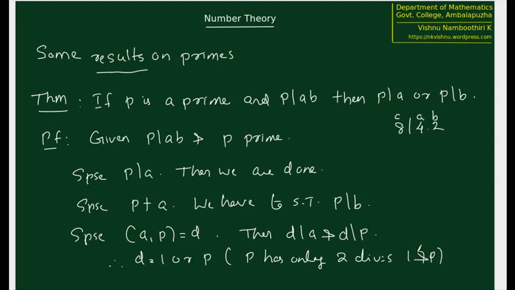Therefore, D must be equal to 1 or P. But according to our assumption, D cannot be equal to P because P does not divide A, but D divides A. Since D divides A and P does not divide A, D is not equal to P. Therefore, the only possibility remaining is D equal to 1. So D is equal to 1, that is, GCD of A and P equals 1.